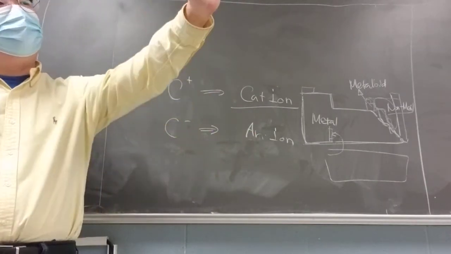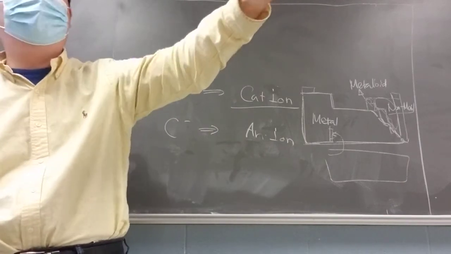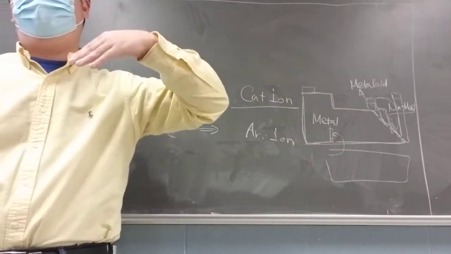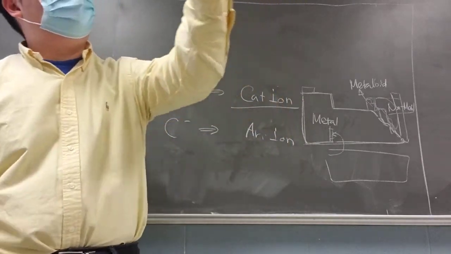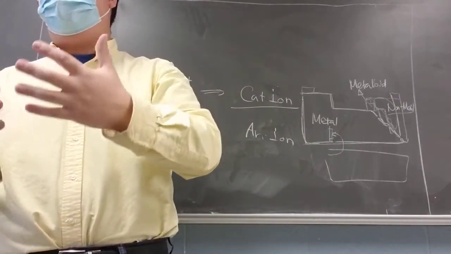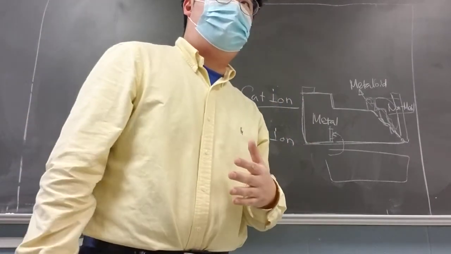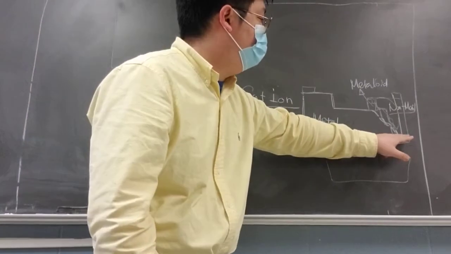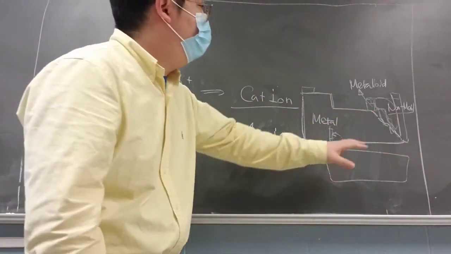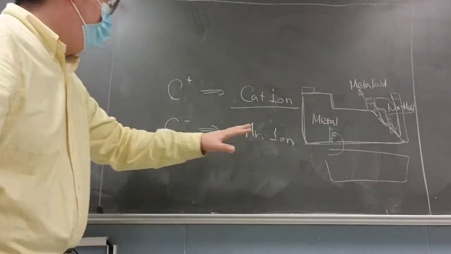So the ones on the left of your periodic table are going to be cations most of the time. The ones on the right side, which are mostly non-metals, except the last column, which is the noble gas, we're going to cover that soon, but those are most likely going to be anions.